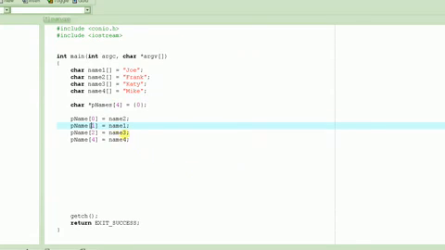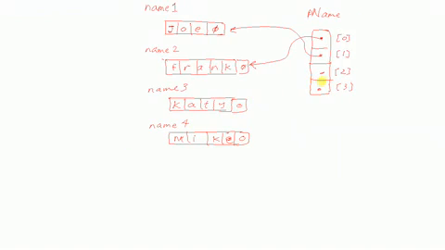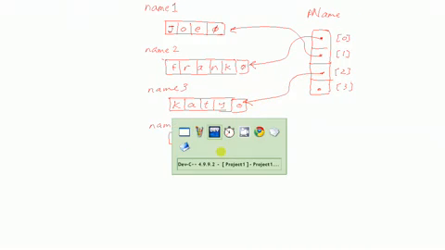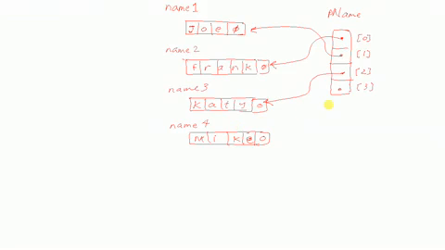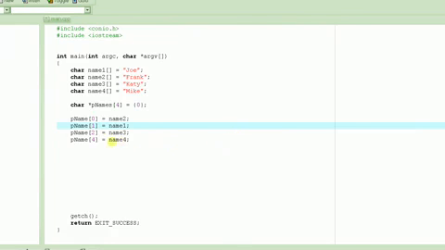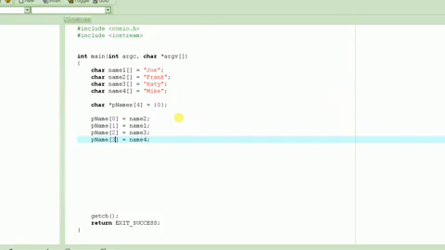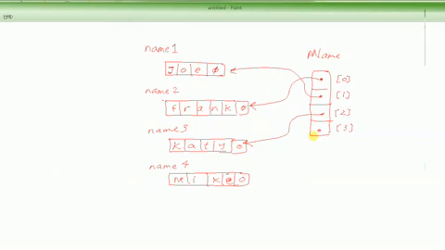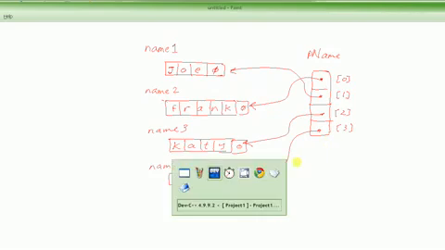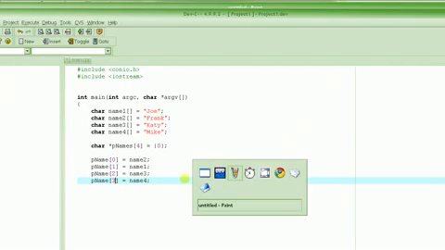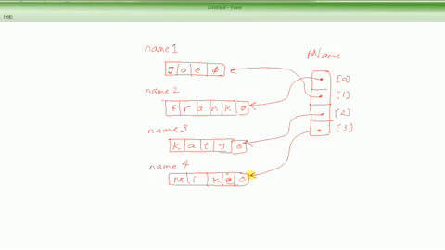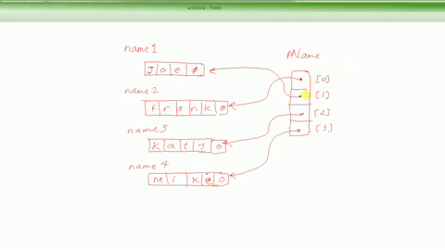Then name3 to pnames[2], like this, and then name4, sorry, I wrote 3 here. We need to write it right here. As soon as we assign name4 to the third element, it will start pointing right here. So now if you access this array one by one, they will be in sorted order.